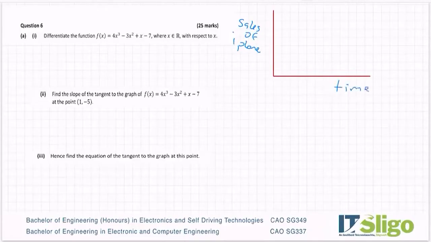So as you know, sales of iPhone tend to shoot up at the start, and then they kind of peter off a bit, and then they shoot up again, and then they start to dwindle down. Okay, and this would roughly be the curve of the sales of any technology piece.